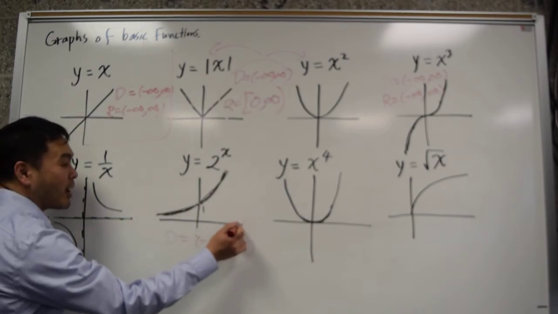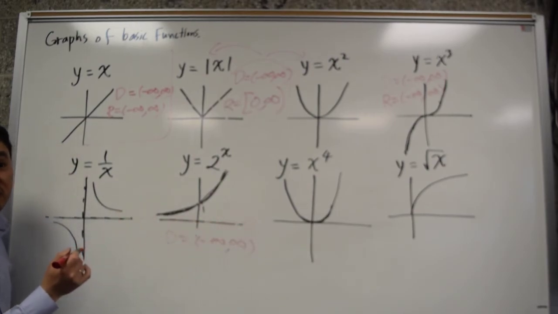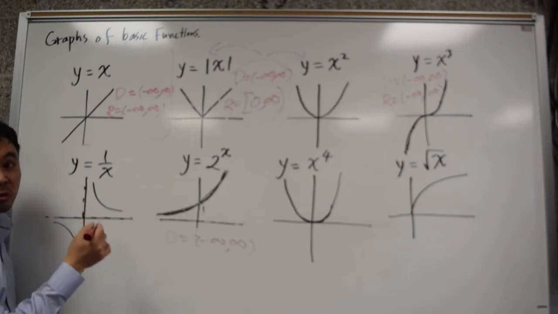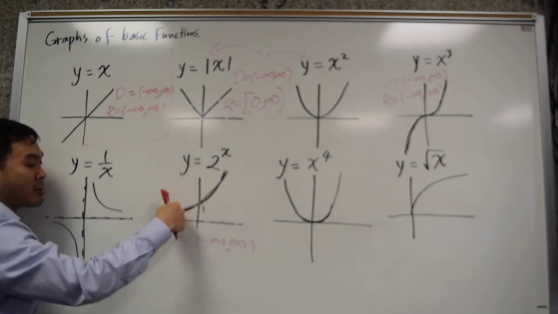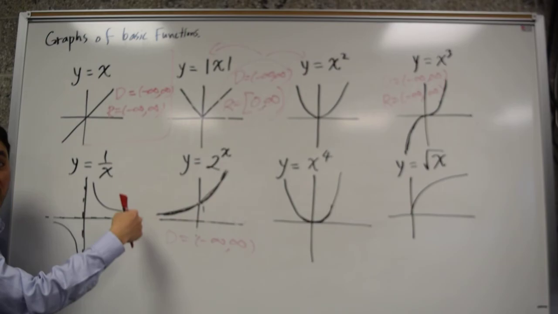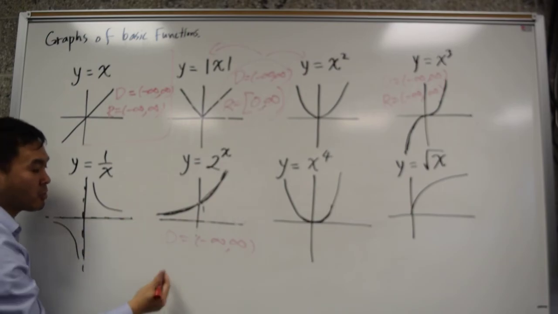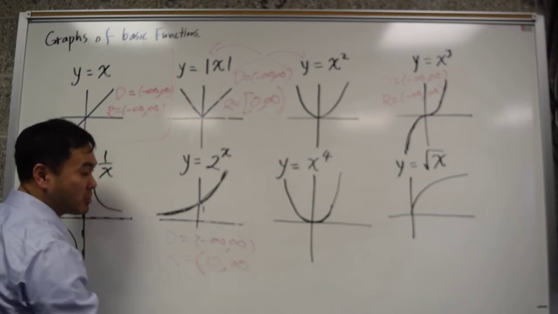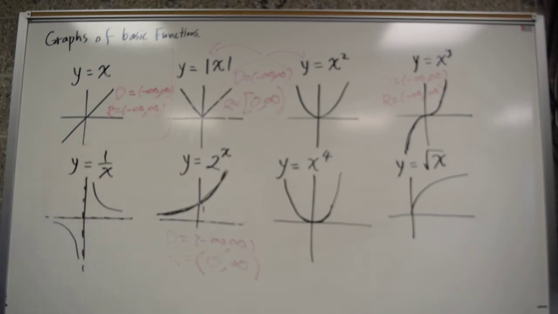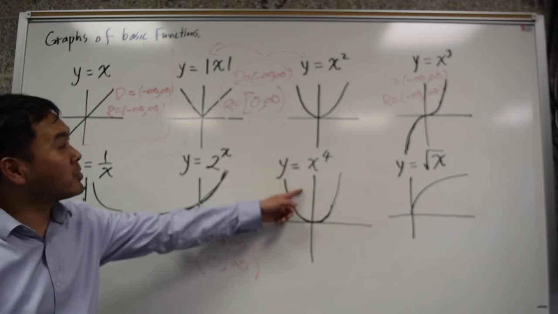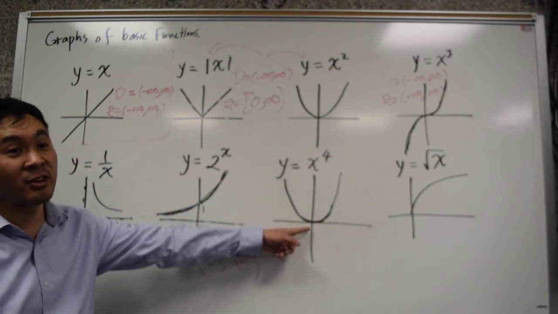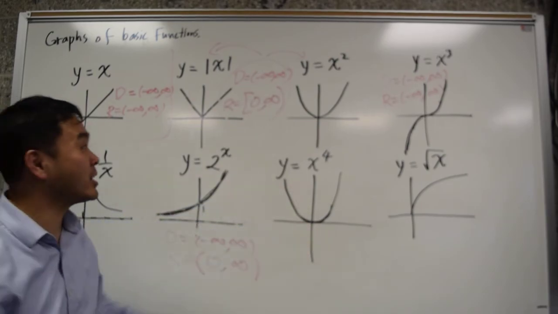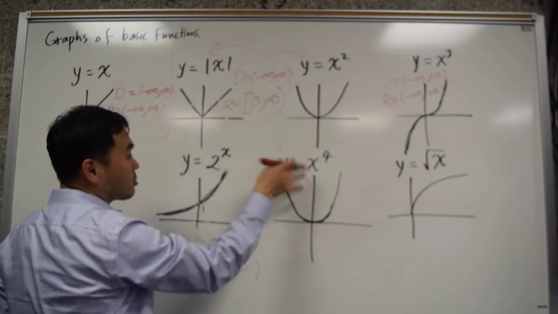This graph has the x-axis as the horizontal asymptote. So the graph can get closer and closer to 0, but not including it. So the range is 0 to infinity, not including 0. Now this one, again, it hits 0, but it never becomes negative, so this also applies here.